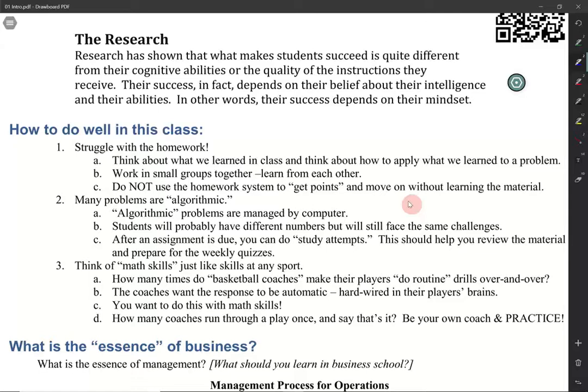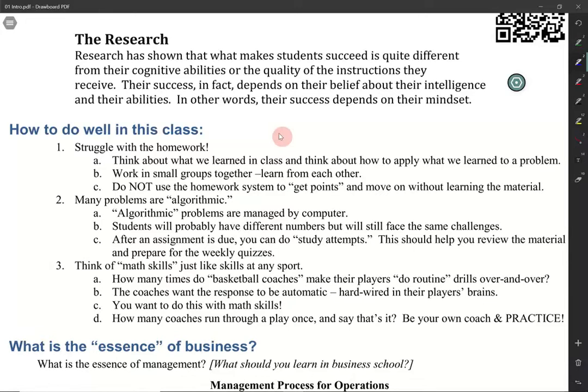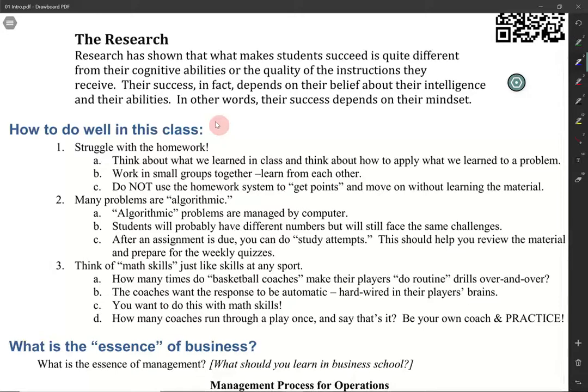So I really encourage you not to say, oh, I don't know, and then just guess at the homework system. It's there 24 hours. I know people have different schedules, so it's available to provide some quick feedback to show you whether you're on the right track or not, so you can really learn some of the problem-solving techniques from this class.